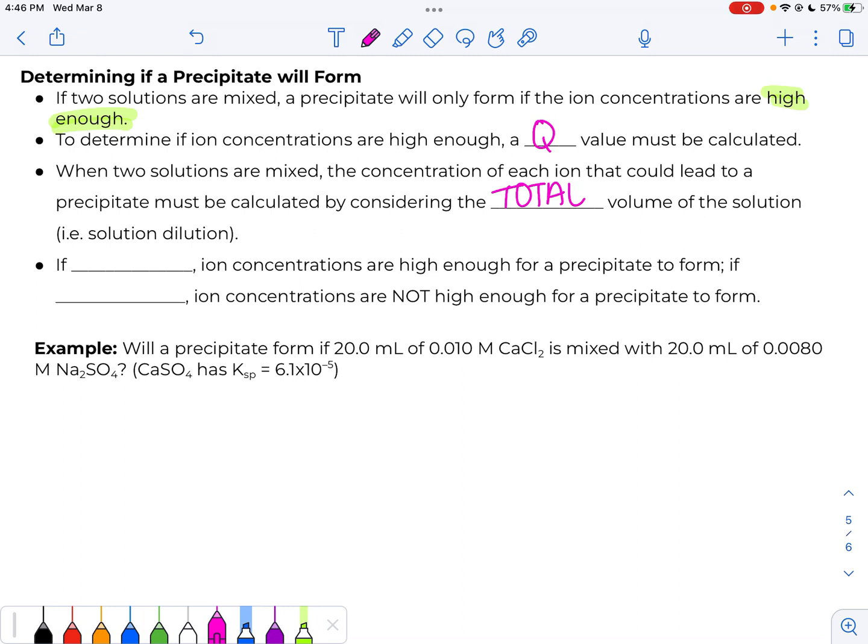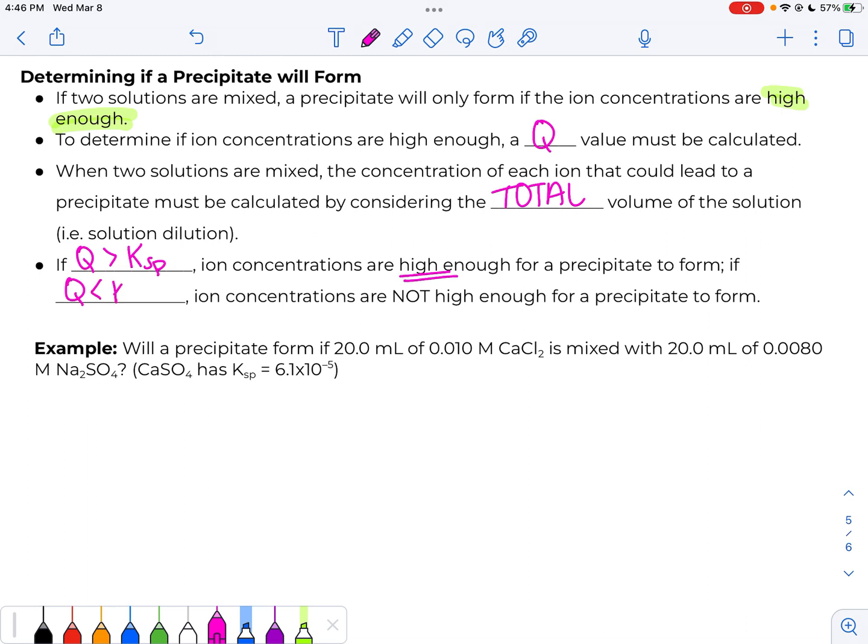When you calculate these things out, if you find that your Q value is greater than your Ksp value, your ion concentrations are high enough for a precipitate to form. You have too many ions in solution, so some of them have to come out of solution by making a solid precipitate.